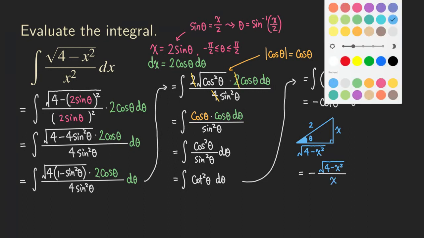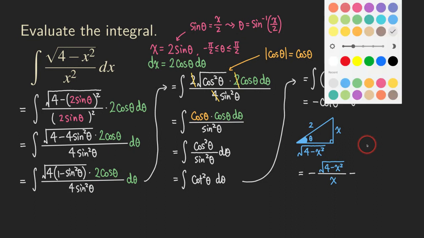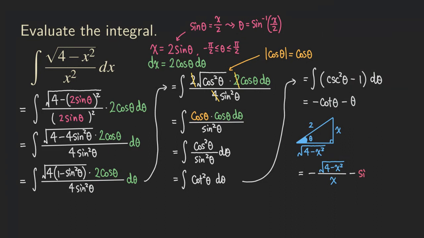Okay. And then the other one is a minus, what is that? The theta is equal to sine inverse, the arcsine function of x over 2 in this case. And then, so that's that. And then we also add the constant of integration.